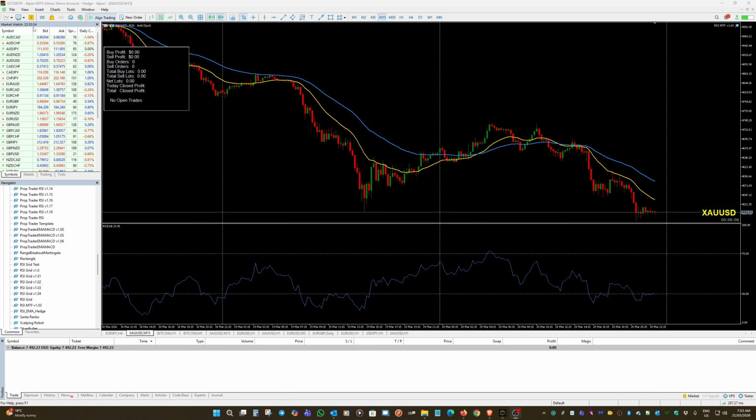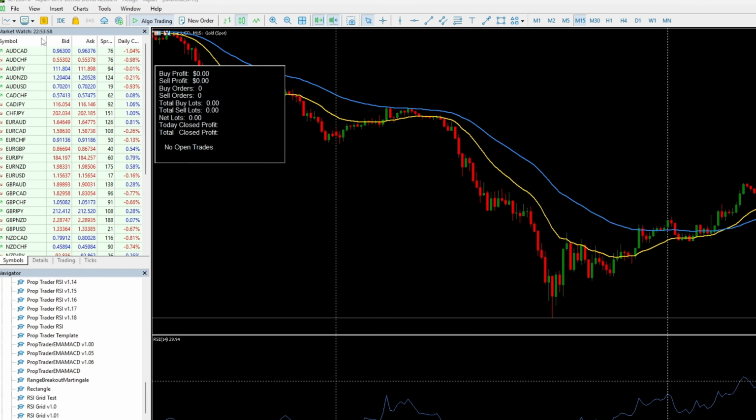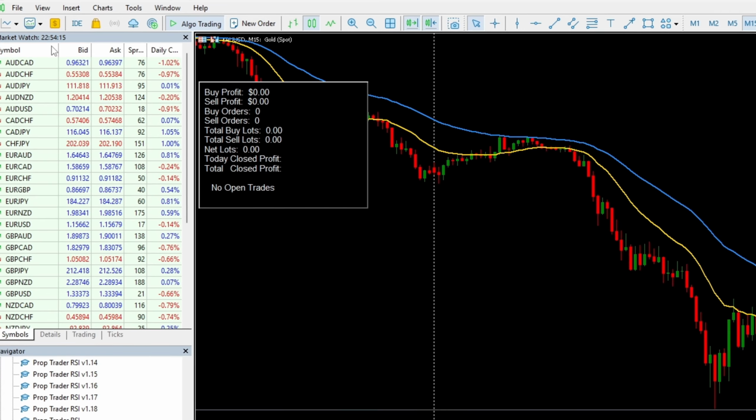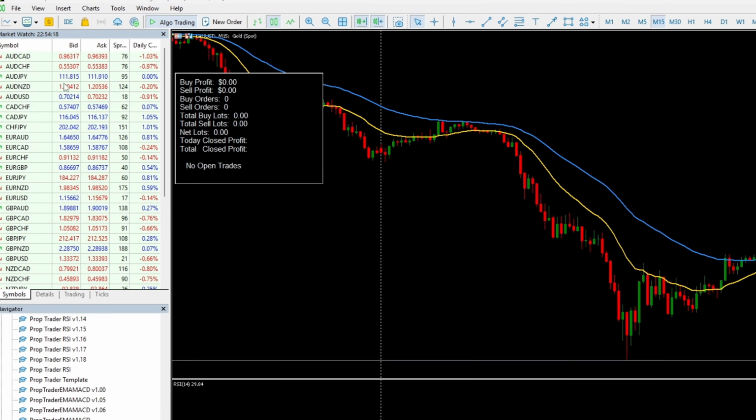So have a look at the market watch window and check the actual trading time, and also that'll affect the day as well. With Bitcoin, or crypto, you can trade on weekends, whereas Forex pairs and gold, silver, oil, you can only trade Monday to Friday. So you just need to check the actual time.